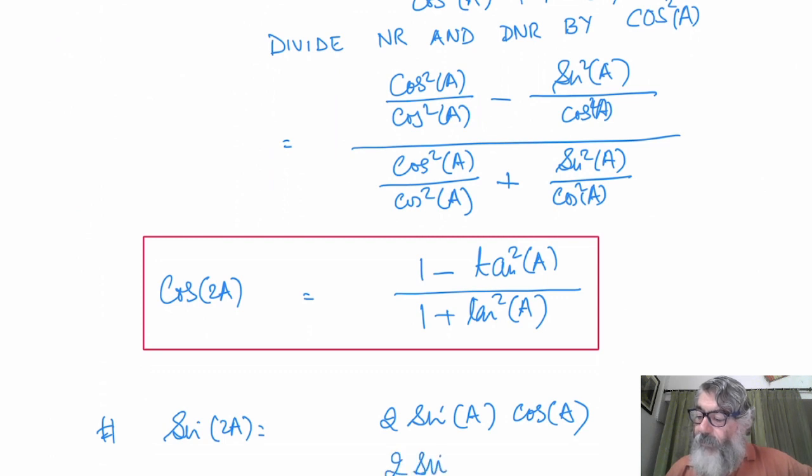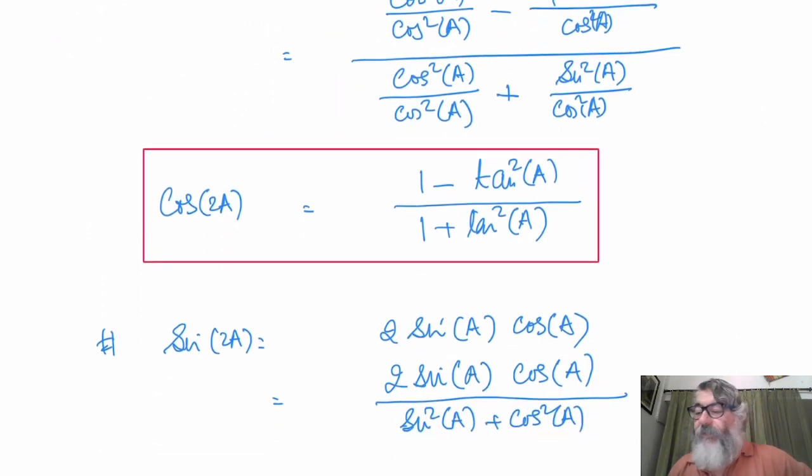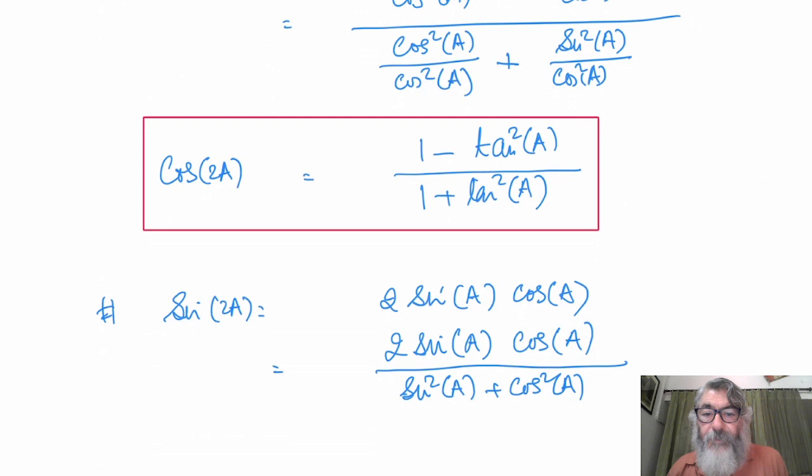We divide by sin square A plus cos square A, that is, by 1, so it shouldn't matter.